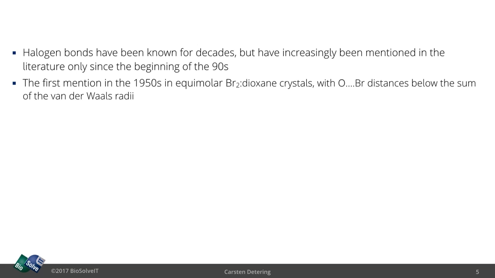The first mention of a halogen bond was in the 1950s in equimolar bromine dioxane crystals, where the oxygen-bromine distance was below the sum of the van der Waals radii. So the authors of that publication reasoned that this must be some sort of very special type of interaction.